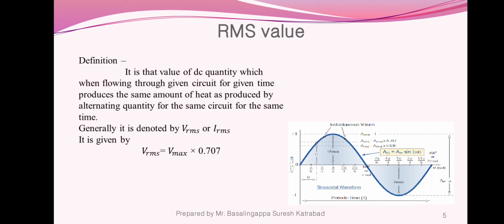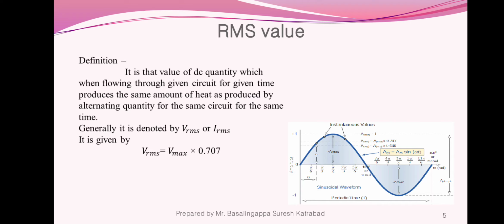Next, RMS value. It is that value of DC quantity which, when flowing through a given circuit for a given time, produces the same amount of heat as produced by an alternating quantity for the same circuit for the same time. Means, suppose we are taking simply a resistor and we are giving AC supply.